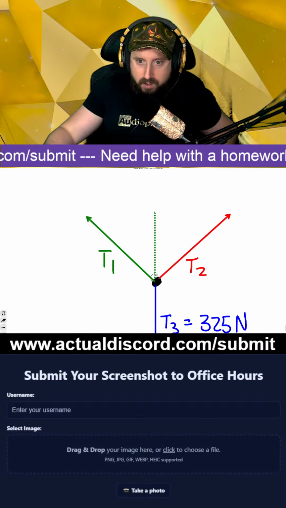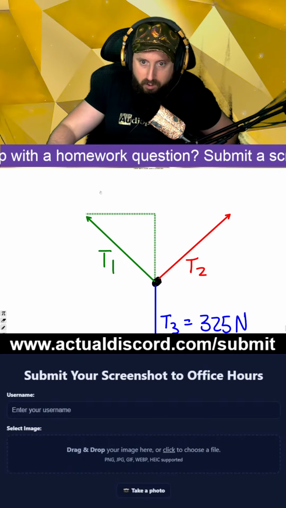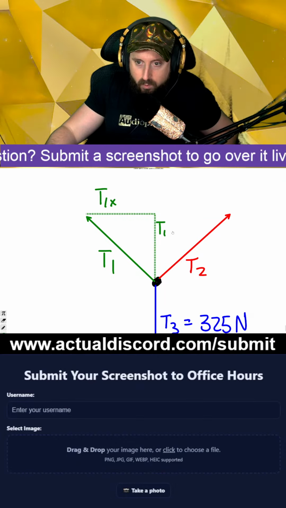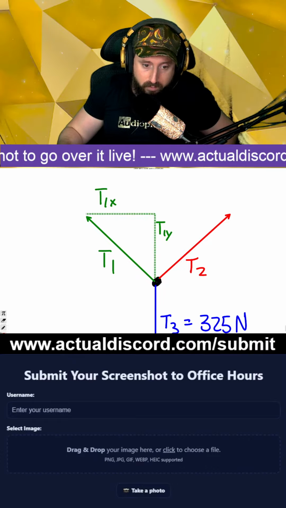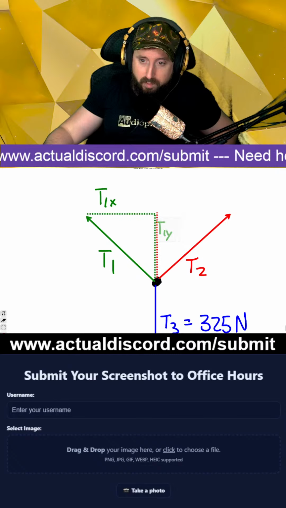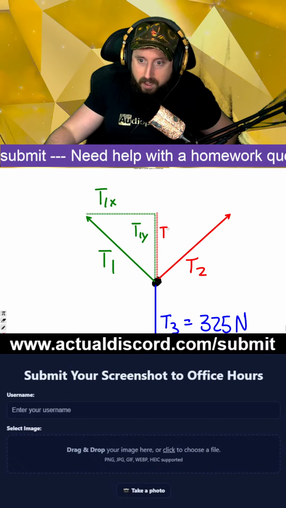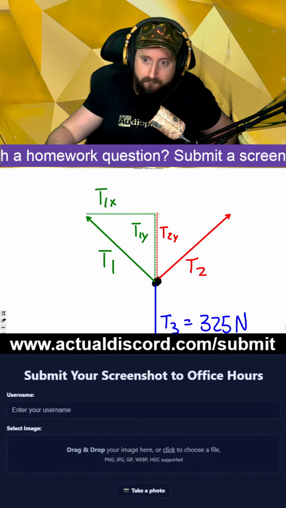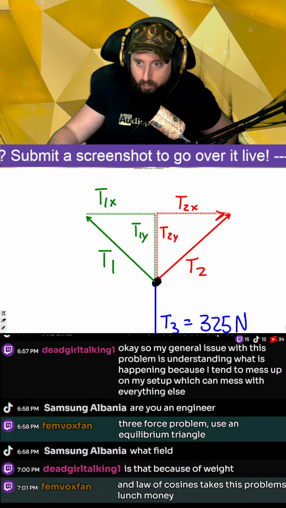It's going to have a Y component and an X component, okay? So I'm going to call this T1X and this T1Y, right? And then the same thing for the red one. Let's move this to the other side, sorry. This is going to have a T2Y and a T2X. Right? That points that way.